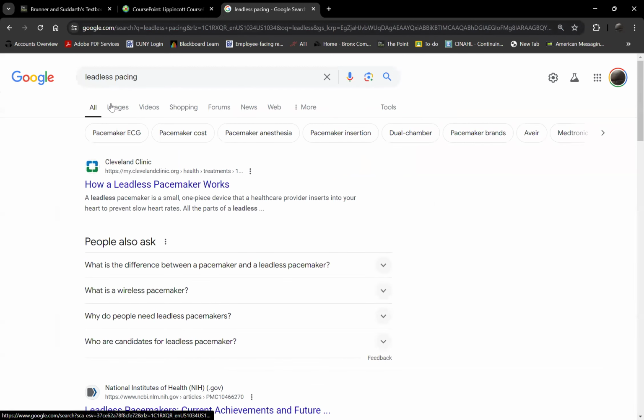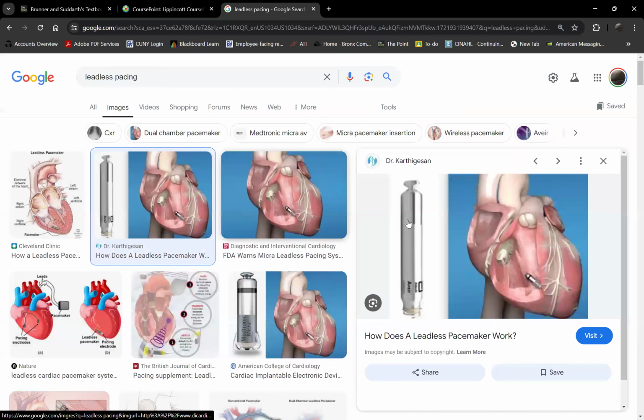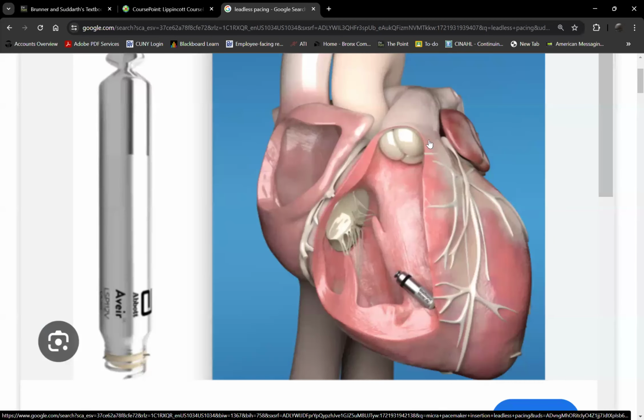You cannot see them anymore because that's where they implanted them, inside the heart. You can't feel that. So the patient can have a leadless pacemaker, and you can only know based on the patient's history, chart, or if you ask the patient.